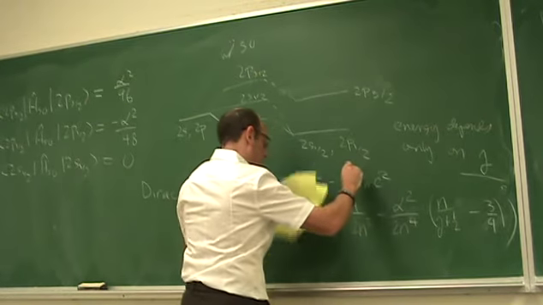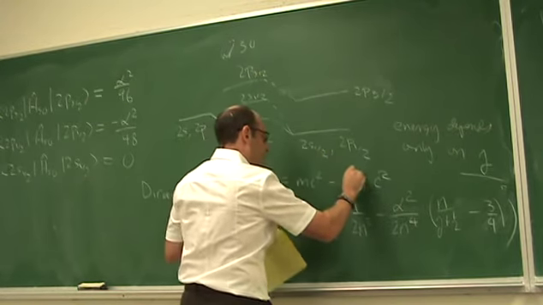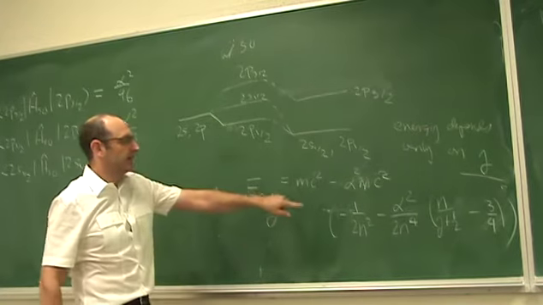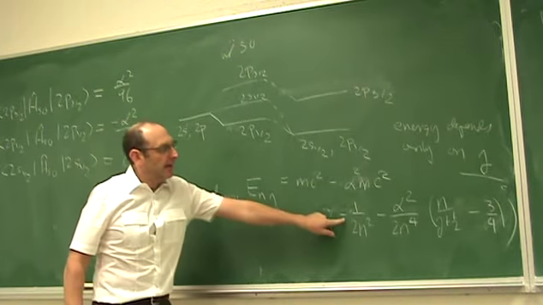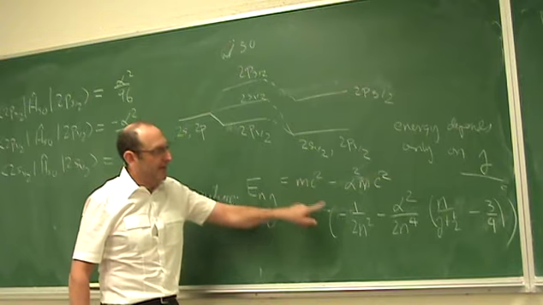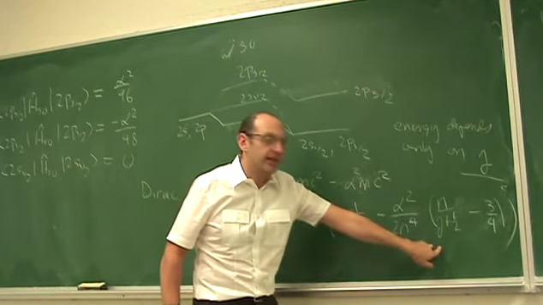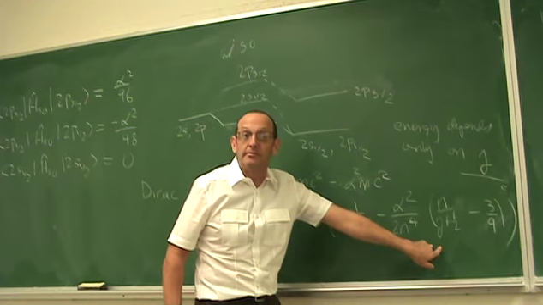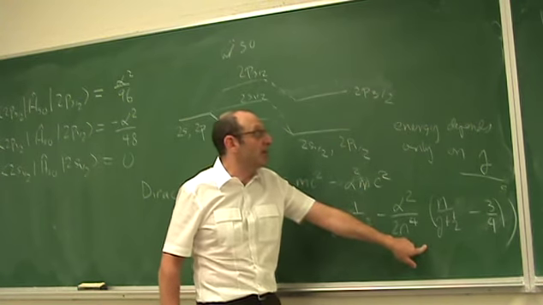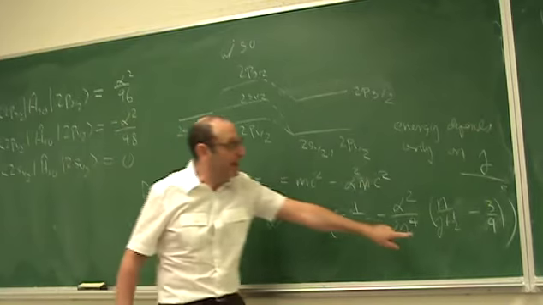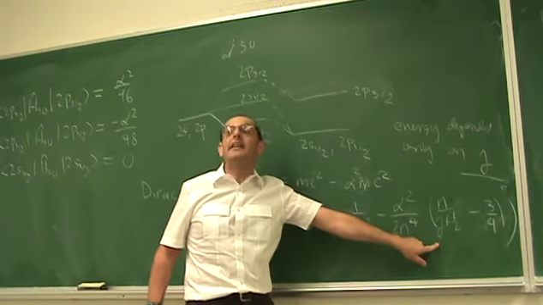What you see here is this is the rest mass energy, this is the usual Coulomb energy, and this energy is the correction term. This correction term is in fact only dependent on J, not L.